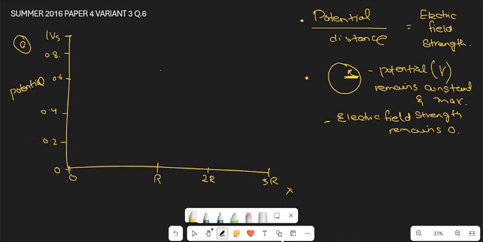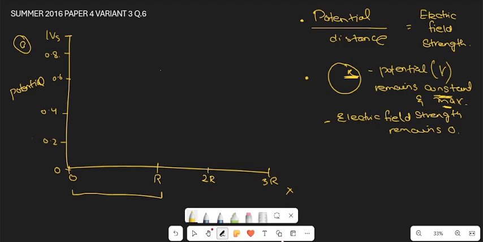Now they want us to make a graph for the electric potential from this to 3r. Now what I want you to know is that first this is the radius, and what I just said is that in the radius the potential remains constant and maximum.